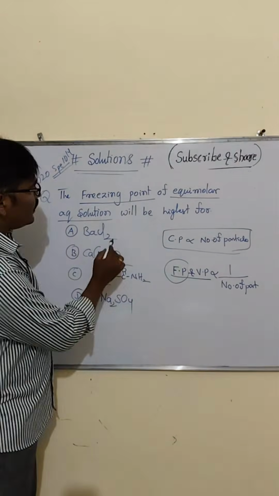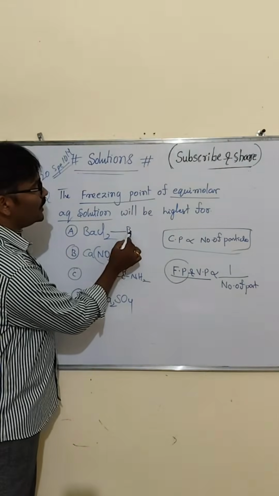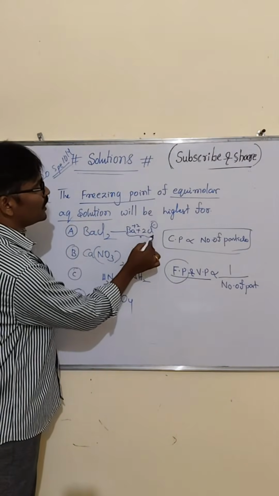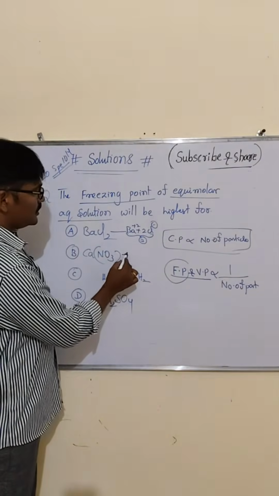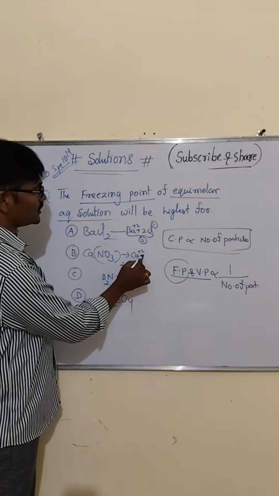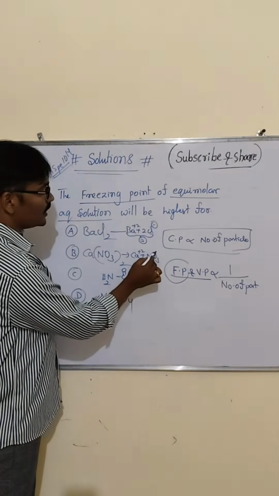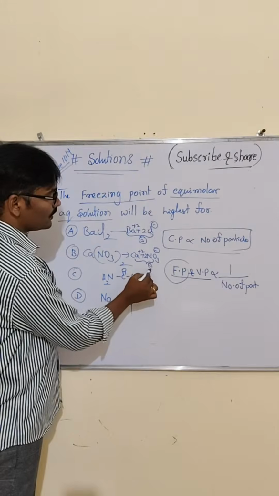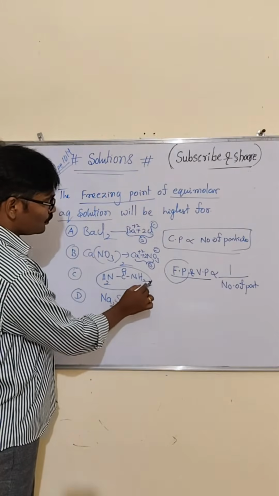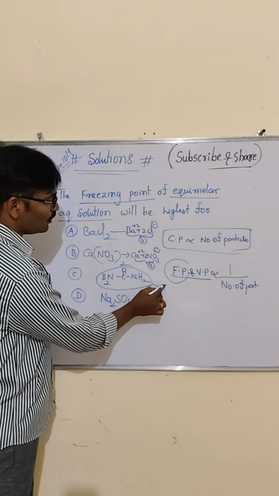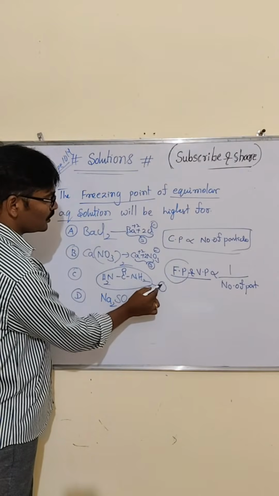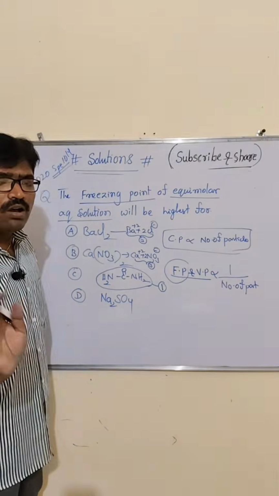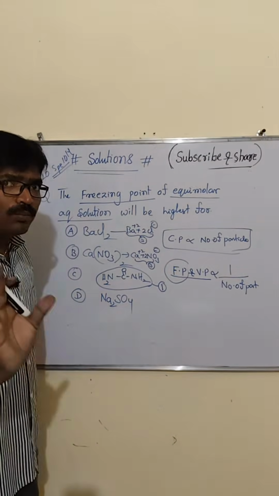So here the number of particles is 3, that is Ba2+ and 2Cl-. Then Ca2+ and 2NO3-, total number of particles is 3. Then urea, I told that it won't dissociate, only one particle will be present. It does not dissociate, it is not an ionic compound, it is a covalent compound.